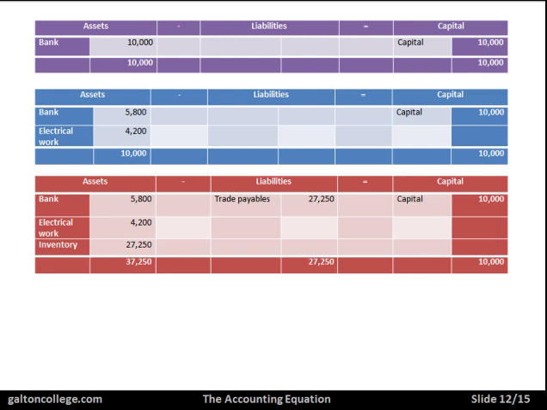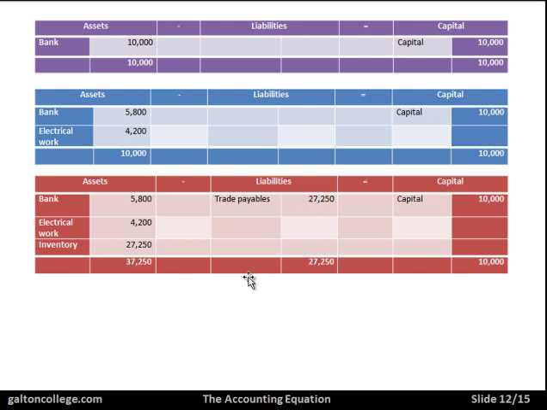Next we've got this £27,000, which is his stock, his inventory. But he needs to pay for that, so you've got a liability as well.